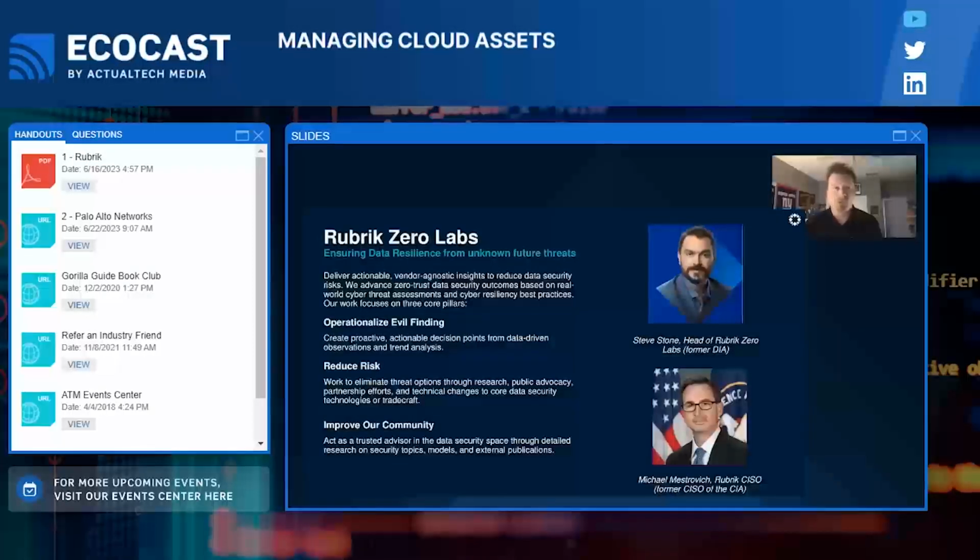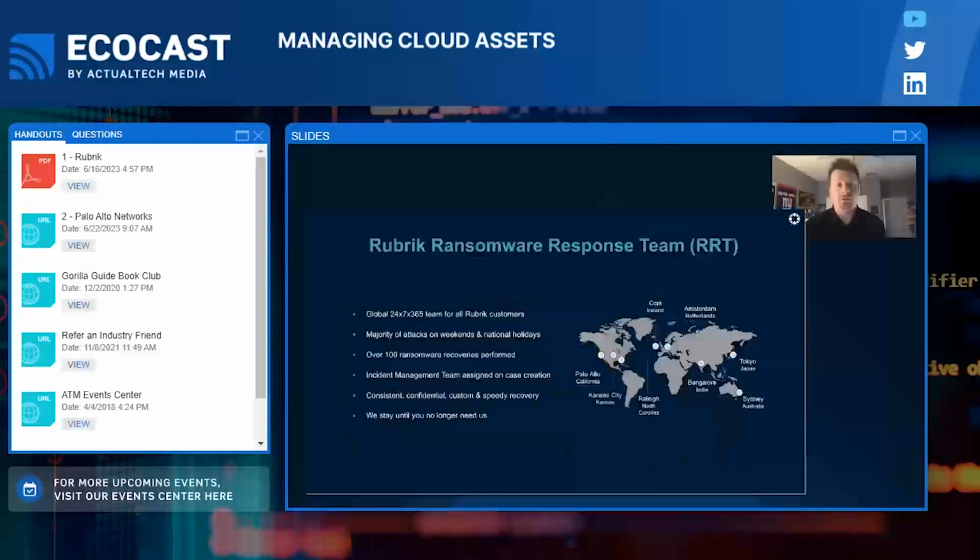Steve Stone, who is with our Zero Labs division, was one of the folks responsible for responding to the SolarWinds attack, if you remember that, which was pretty catastrophic to a number of organizations. So these folks are working together to understand what's next, what's happening, and working with Microsoft to deliver all of that for our customers.